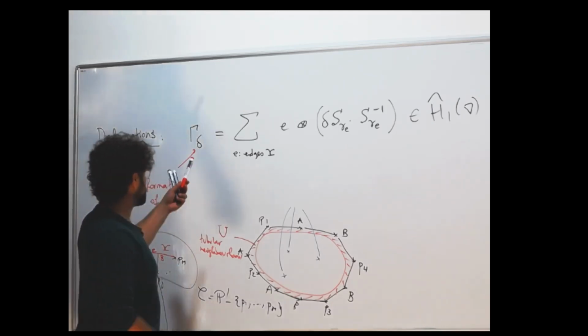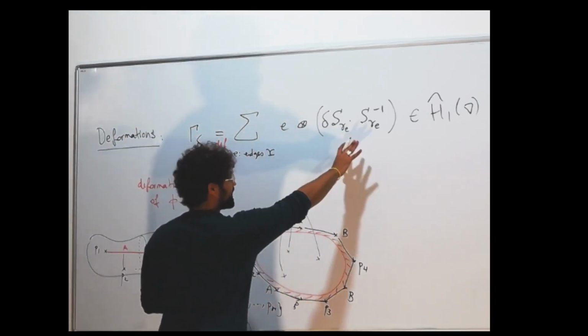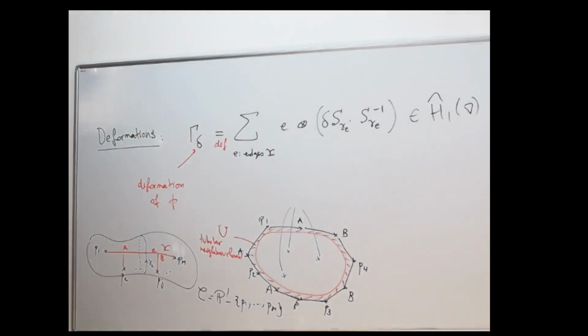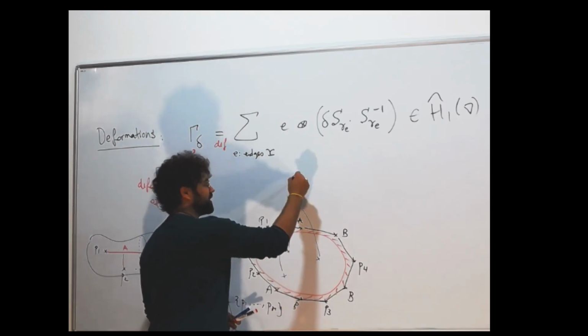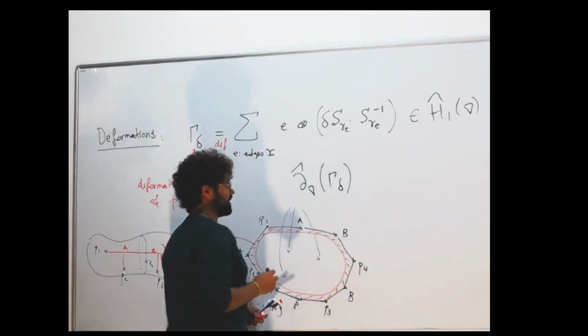So why is this object an element of H1? How do we do this? It's the same. We just compute its boundary, gamma delta.